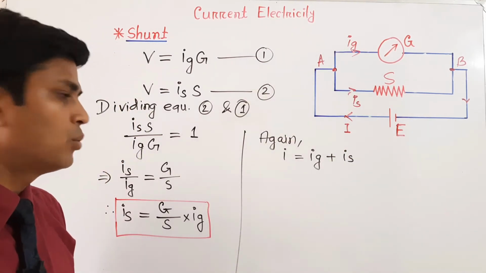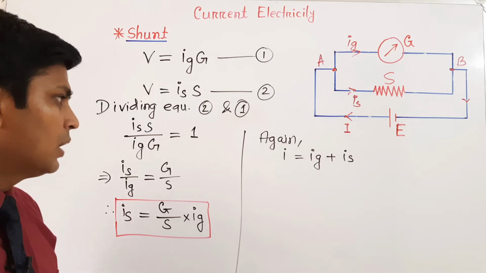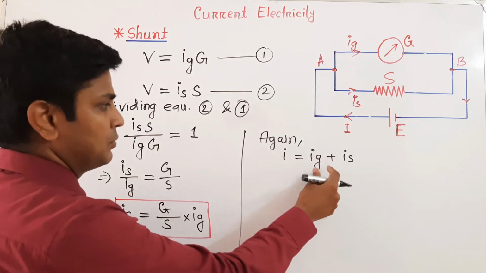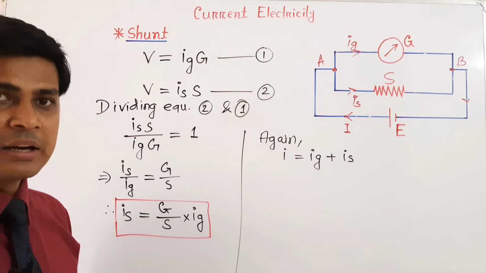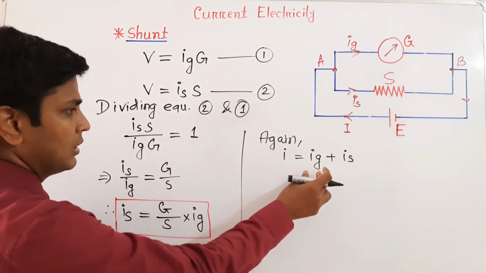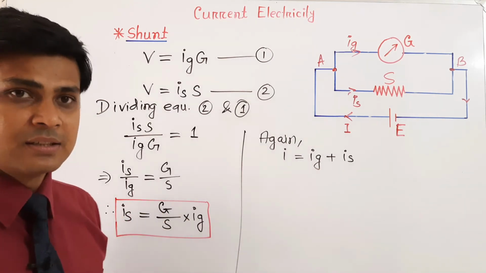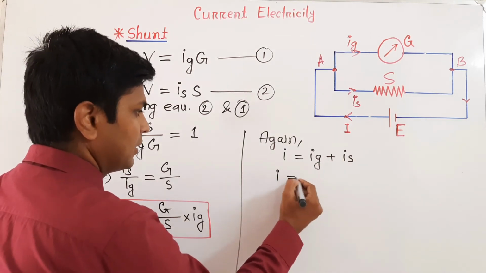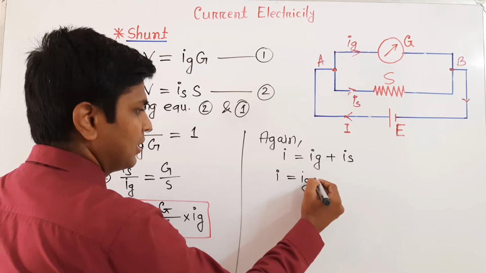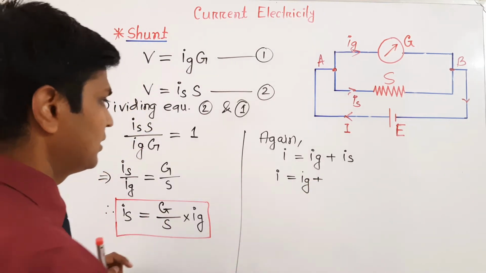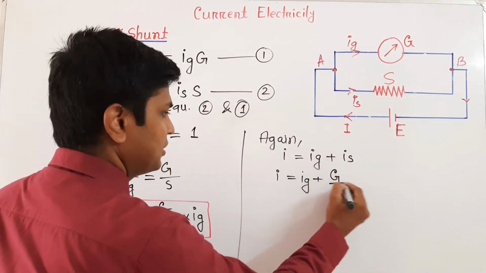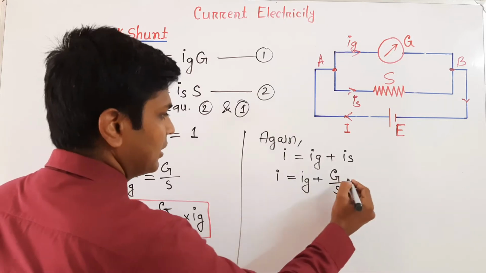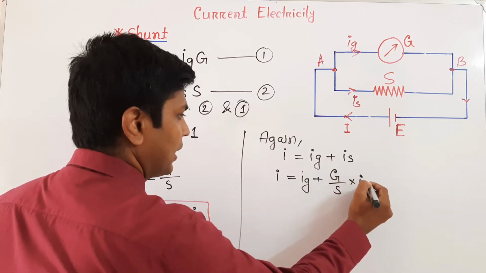I hope all of you have understood. Now, if you want to calculate the galvanometer current, let's put the value of Is here. The value of Is is capital G divided by S into Ig.